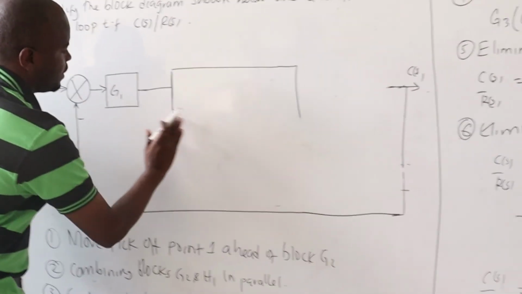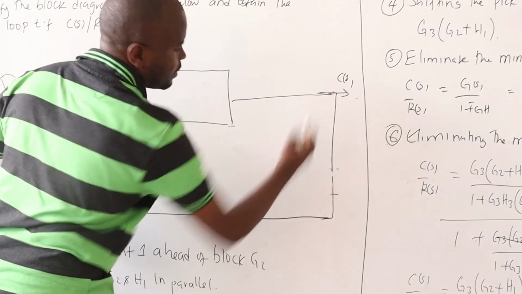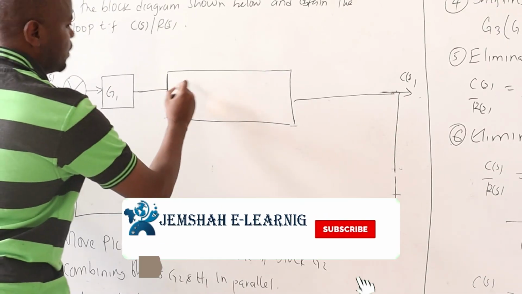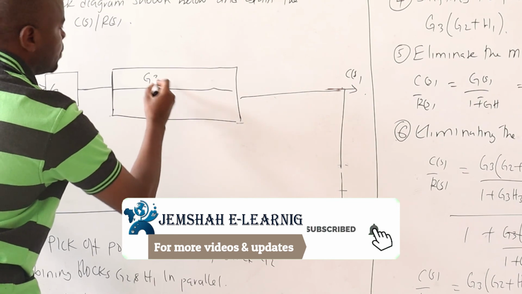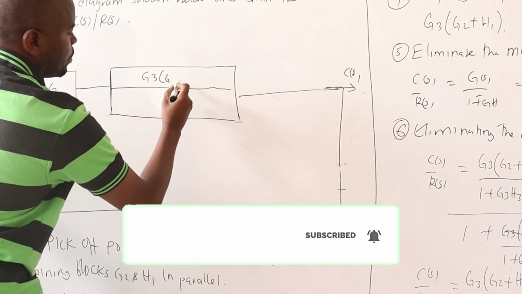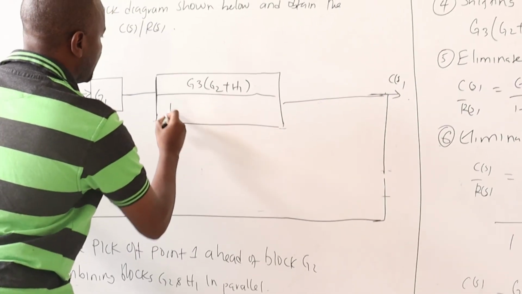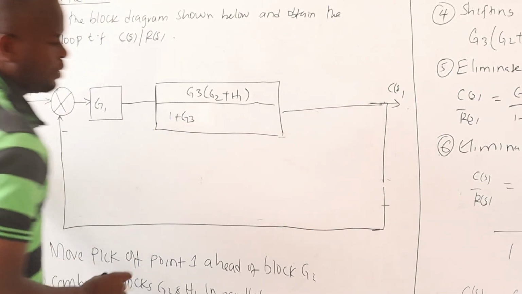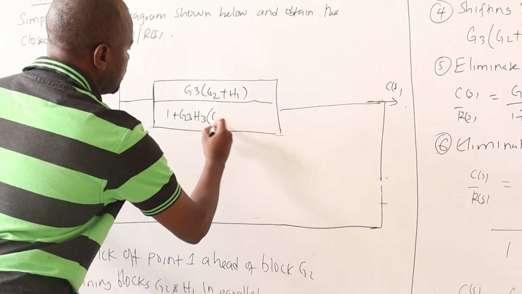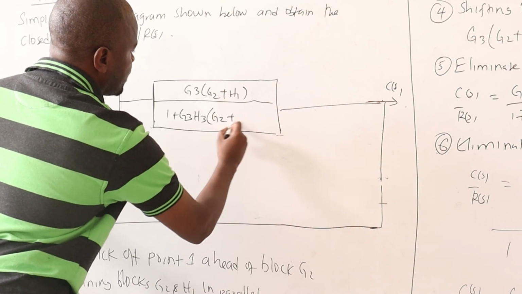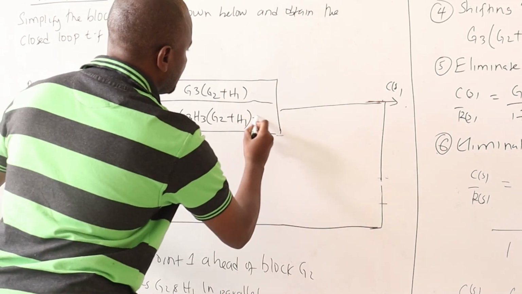You write all that, then we have G3 all over G3 into G2 plus H1 all over 1 plus G3 H3 into G2 plus H1, close the bracket, plus G2 H2.